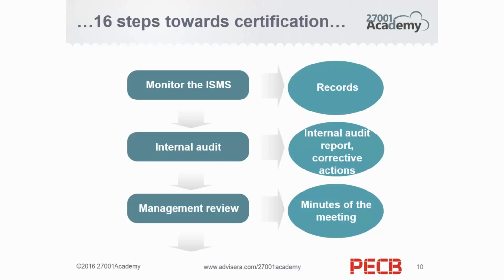This could mean reviewing if the objectives have been achieved, adding new budget to your information security, setting new objectives, introducing new policies or procedures, etc. This is where the standard requires your top management to be involved, because otherwise the information security management system wouldn't make sense if your top management weren't informed and involved.